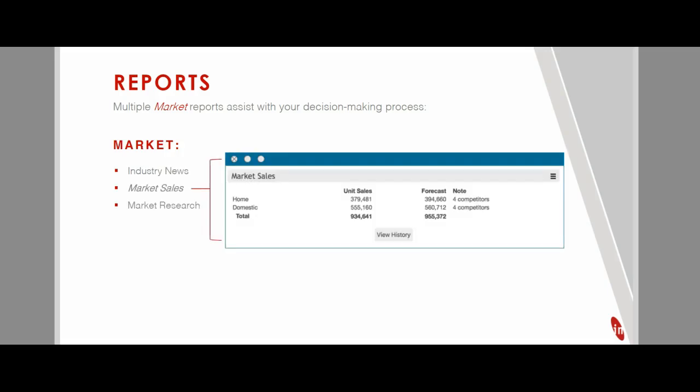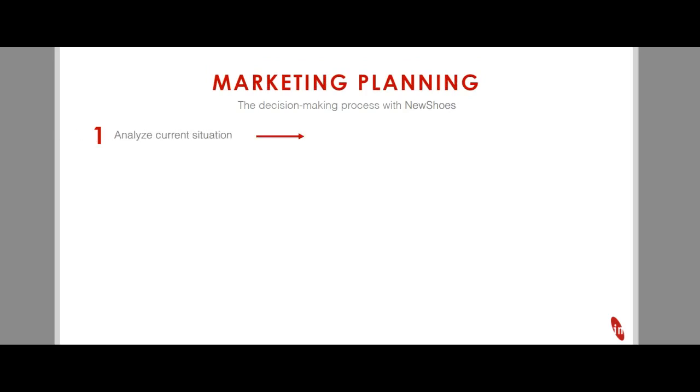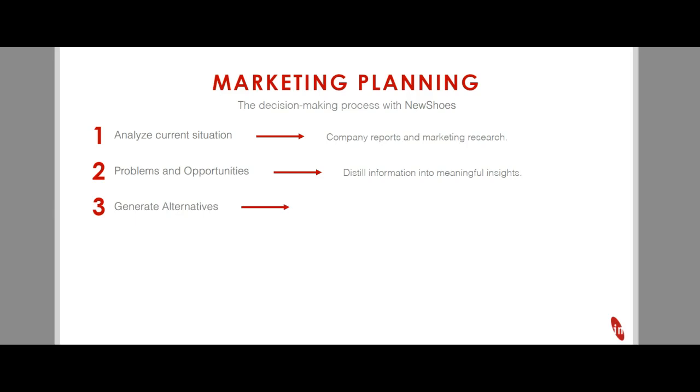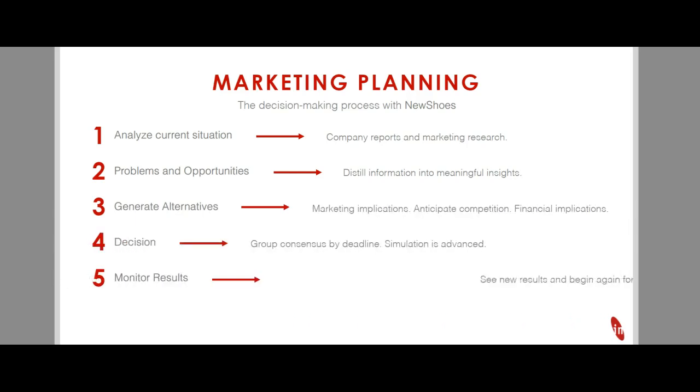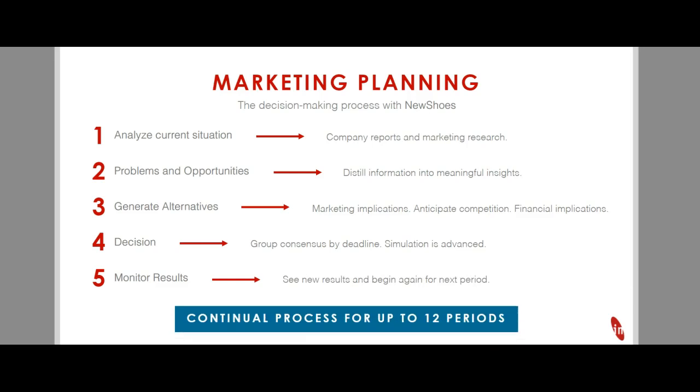So there's many different reports. Here's the market sales report to show you how you're doing. There's marketing planning now, where you are now, problems and opportunities that you may face, alternatives, and looking at your results.